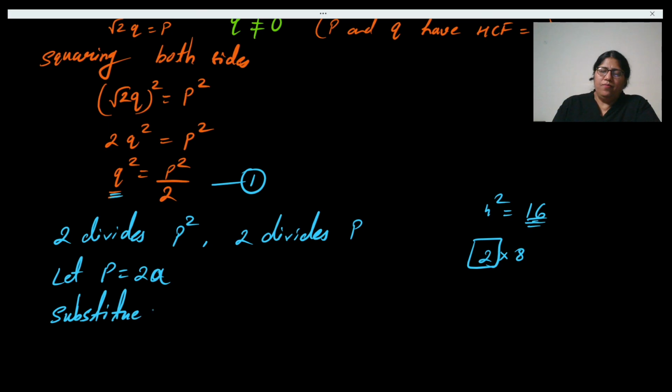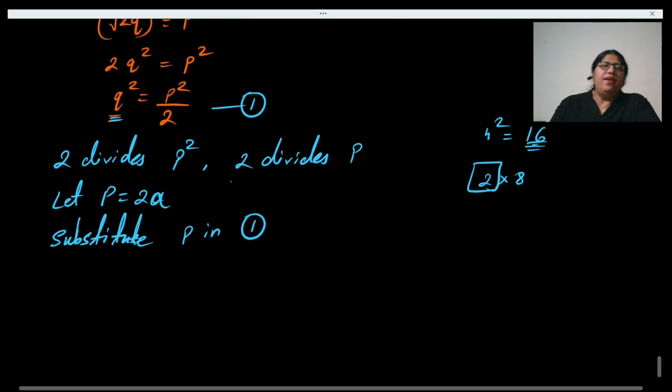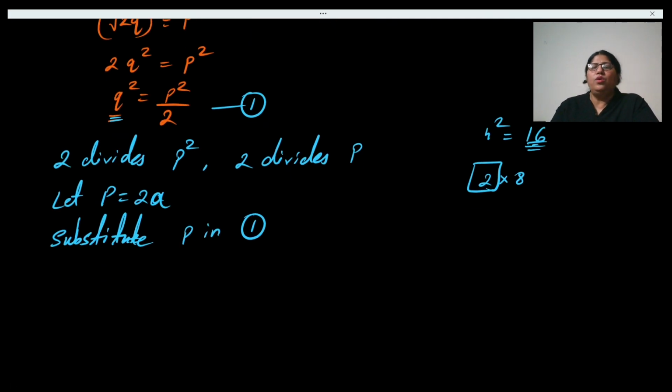Substitute p in equation 1. So we got 2 as a factor of p. We have to find out now whether 2 is a factor of q as well. So that is why we are doing this. What I can write here now: q squared will be as it is, and in place of p I'll put 2a whole squared by 2.